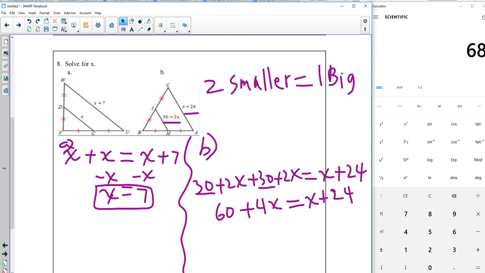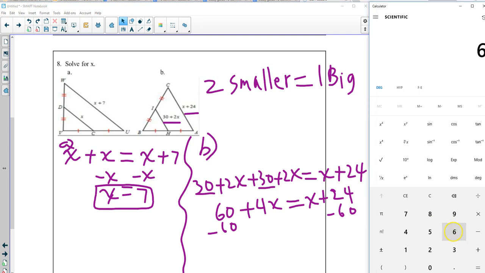Okay, so now I gotta subtract 60 from both sides. So if I subtract 60, then I gotta do 24 minus 60. In this case, I want you to get it right, so don't be afraid to use the calculator. 60 minus 24.